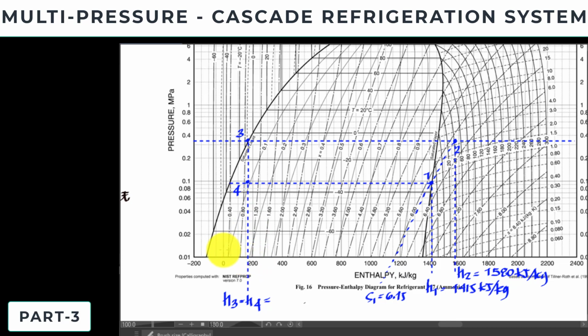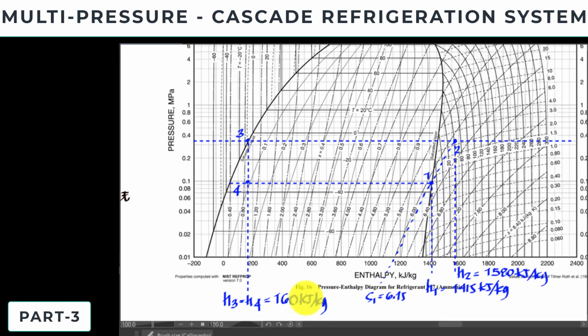And starting from 0, we have 0, 50, 100, and then 150. So maybe around 160. That will be kilojoule per kilogram.